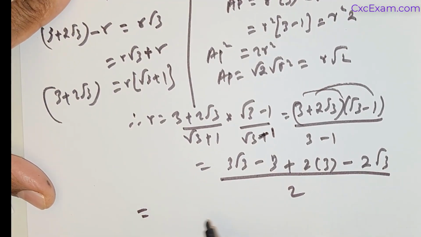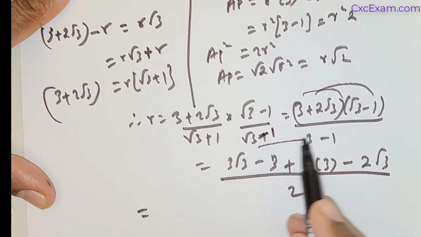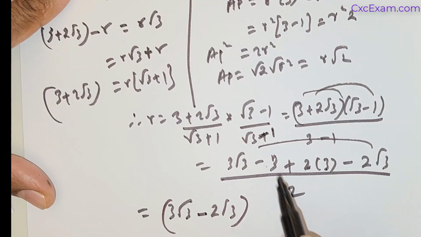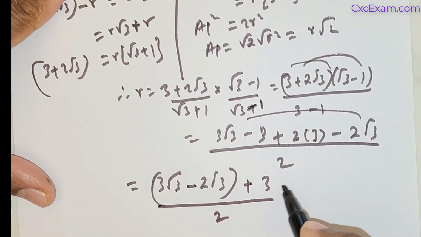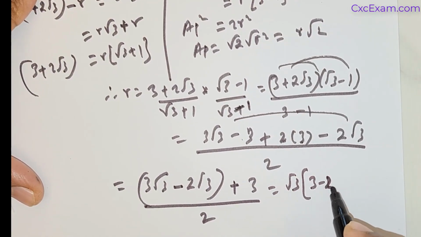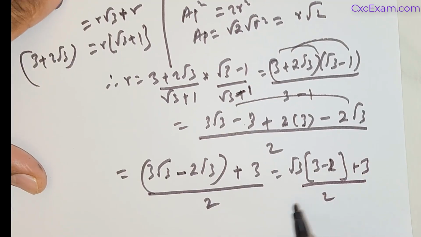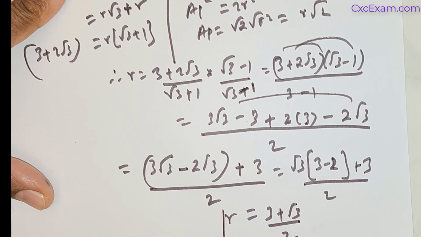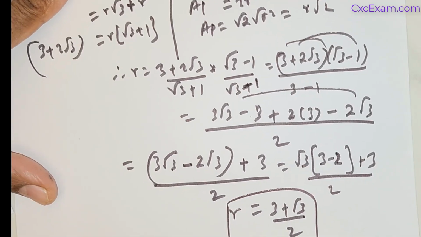So I can club these together: 3 root 3 minus 2 root 3, and then 6 minus 3 is 3, divided by 2. I can take root 3 out, so that will give me (3 - 2 + 3) divided by 2, which is (3 + root 3) divided by 2, equal to R. So this is my R.